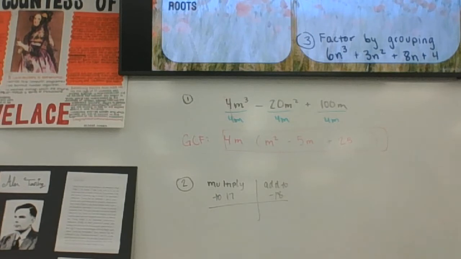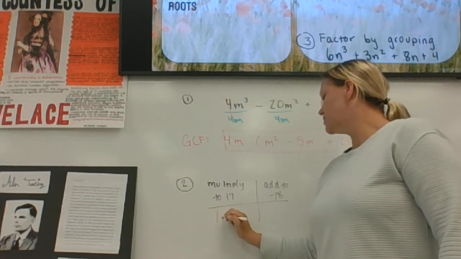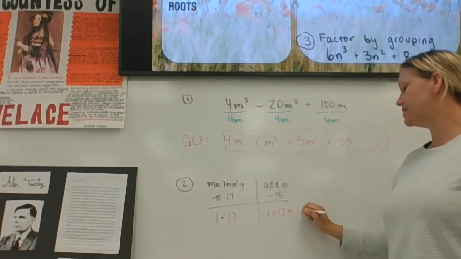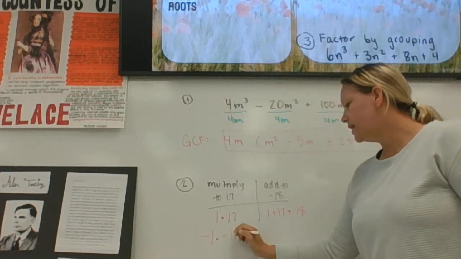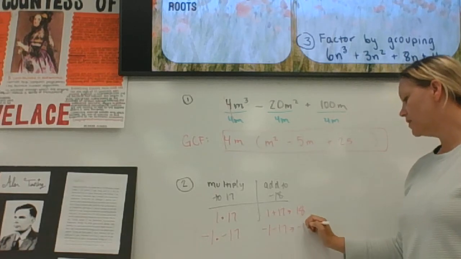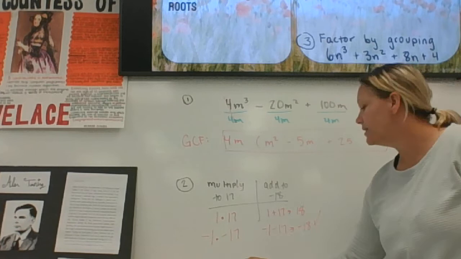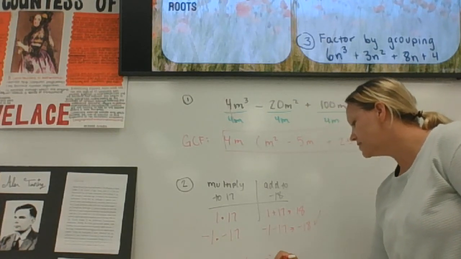So you got to think about that number and 1. So 1 times 17, and 1 plus 17 is 18. And since we need it to be negative, we'll change both their signs. Negative 1 times negative 17. So our answers, what letter are we using? X? X minus 1, X minus 17.